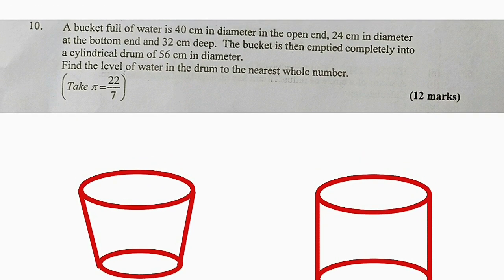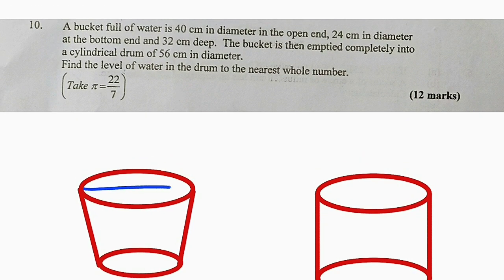According to this question, the diameter to the top of this bucket is what? 40 cm, which means that 20 will be the radius because I'm interested in the radius alone. So if this is the center to this part, this will be what? 20. So this is 20 cm. And to the bottom, it is what? 24 cm.